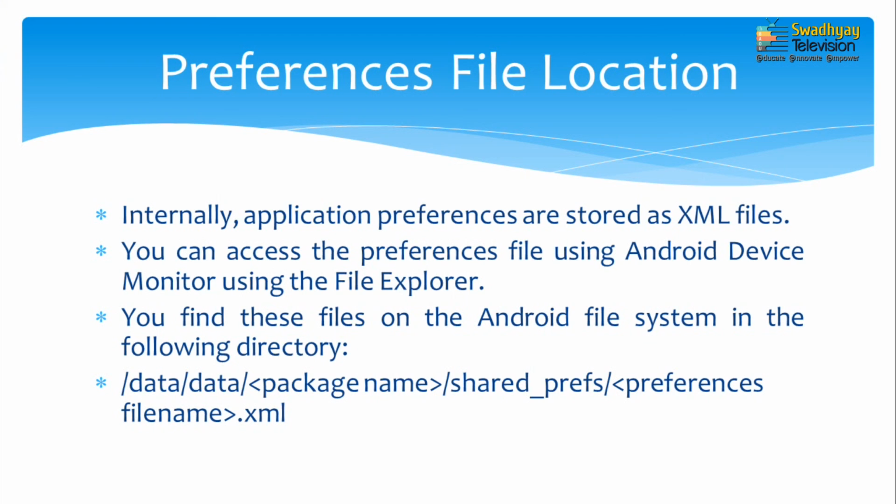So, you can easily get different files for different preferences in this directory, where package name is the package name of your application and the remaining is a fixed path, and preference file name is the file name that you specify while retrieving or opening shared preference or private preference. So, this is how preferences are stored on the device.